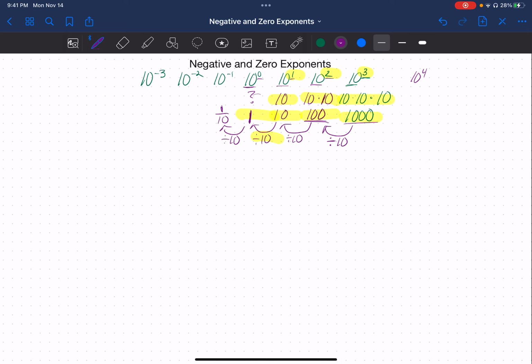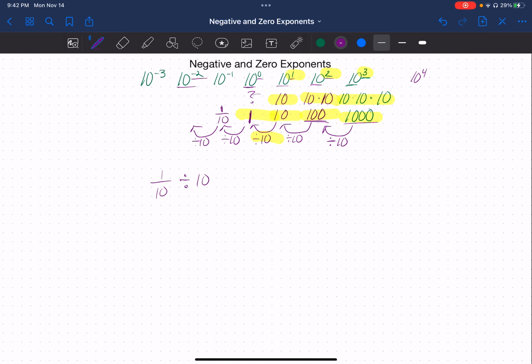So 1/10, right? Okay, how do we get 10 to the negative 2? Well, again, keep on keeping on here. If it ain't broke, don't fix it. We divide by 10 again. What do we end up getting? Well, fractions are kind of tricky for people, but if you need to, I'll show it here, 1/10 divided by 10.